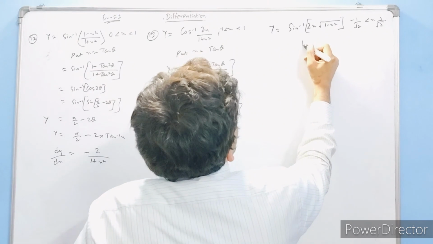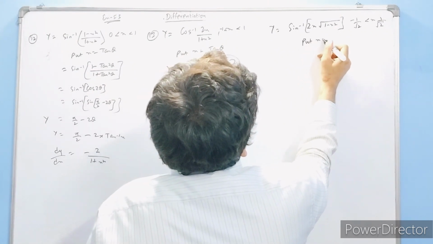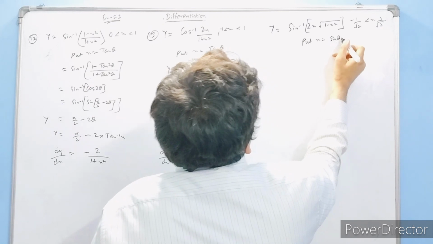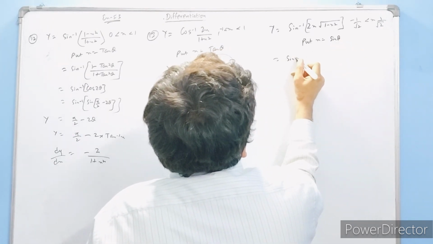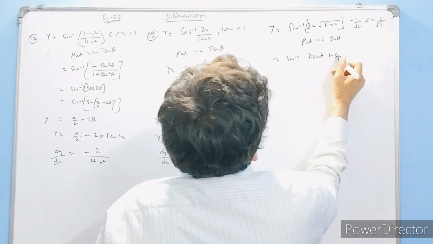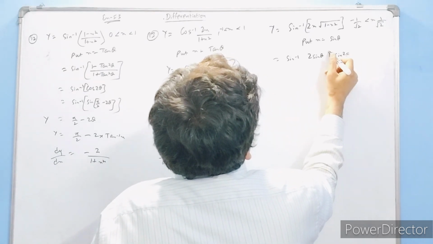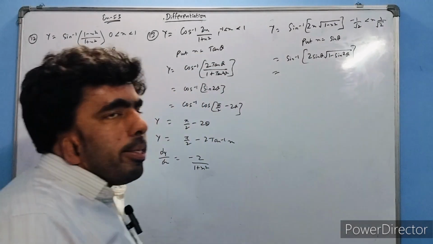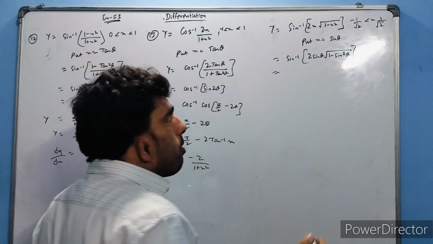What we can do here, put x is equal to sine theta. So we have sine inverse of 2 sine theta root of (1 minus sine square theta). We know that 1 minus sine square theta will be cos square theta, so the root will be cos theta.